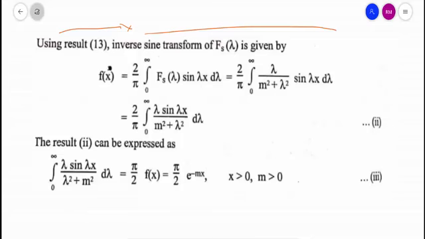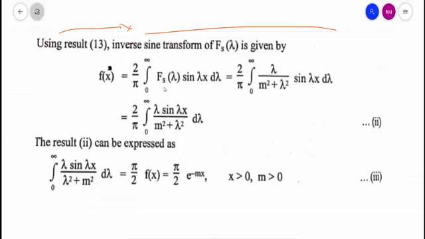After that we consider the result by using the chart, that f of x is described as 2 upon pi integration from 0 to infinity of Fs of lambda sin lambda x d lambda. This formula we obtain from the chart, serial number 5, see the formula regarding inverse transformation for the sine function.